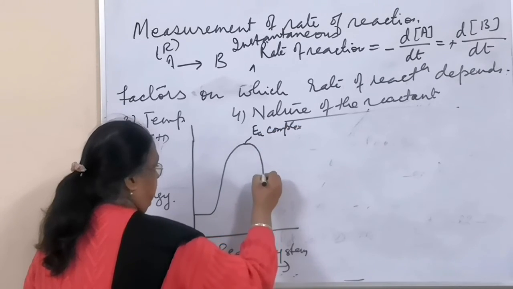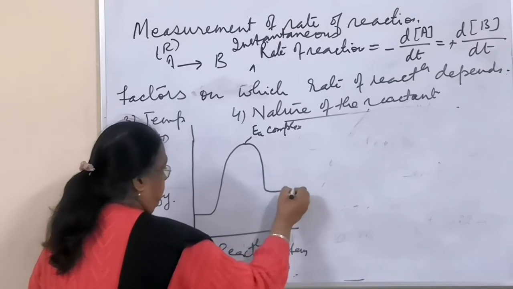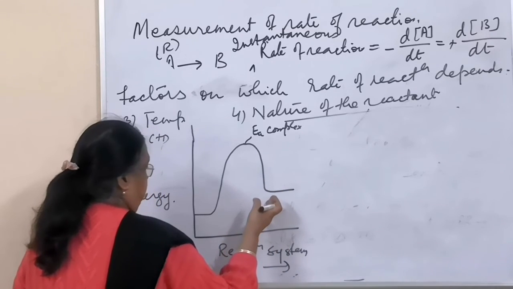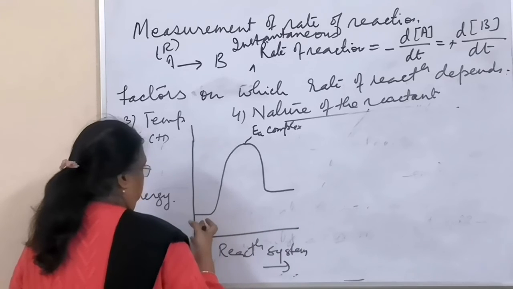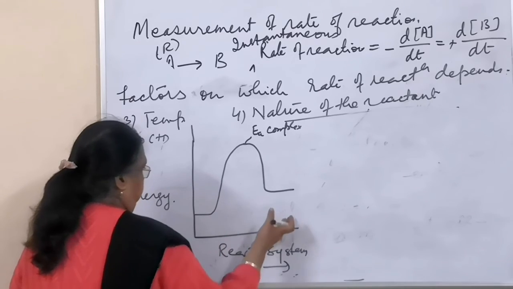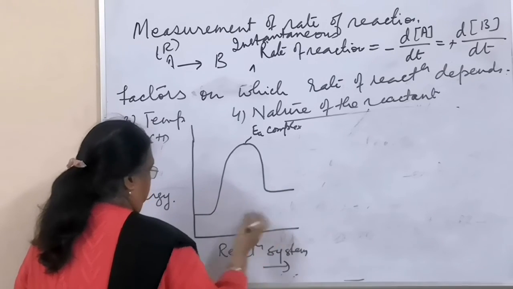As much energy as they have absorbed, they will remove. Either more energy will be removed than they absorbed, or maybe less. So this may be up here or down there.